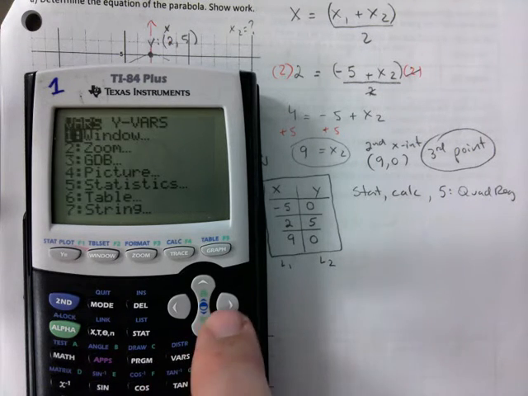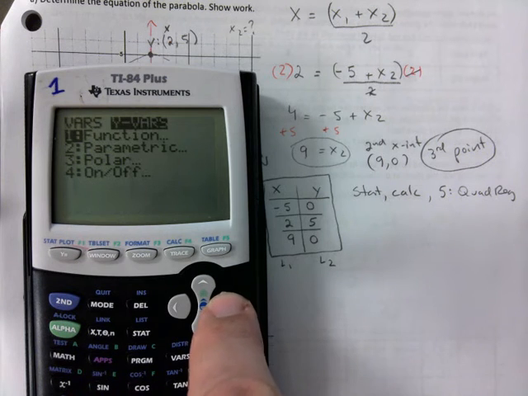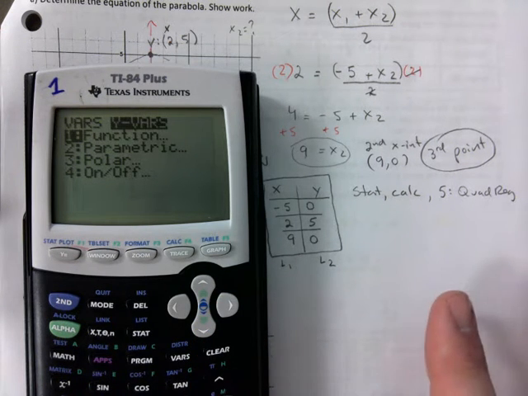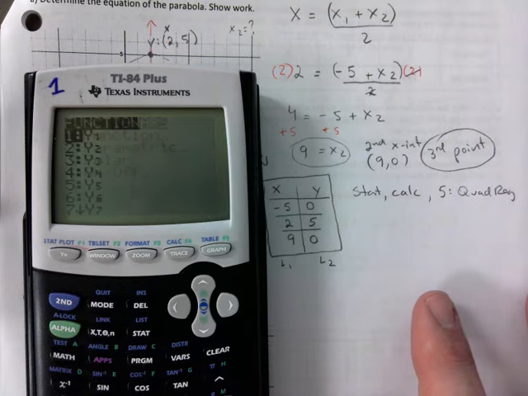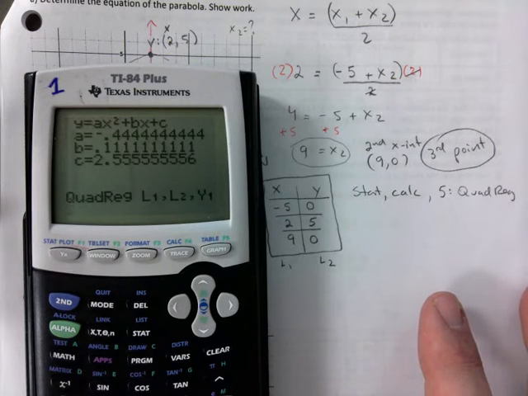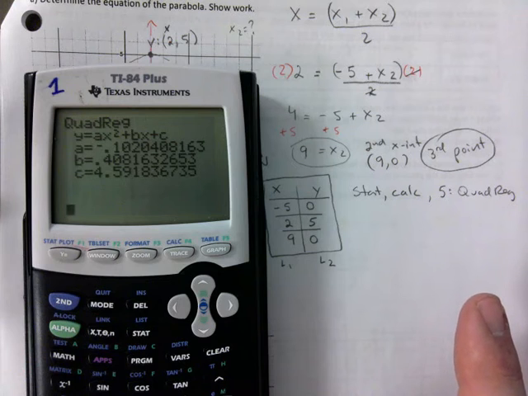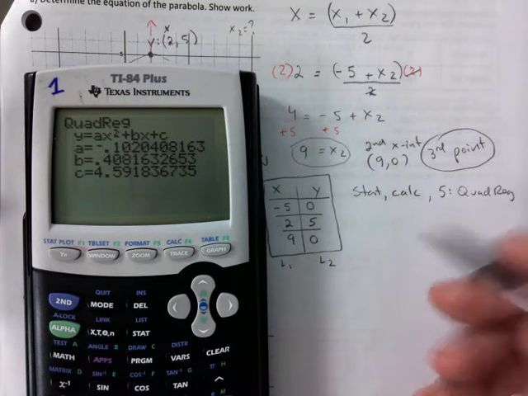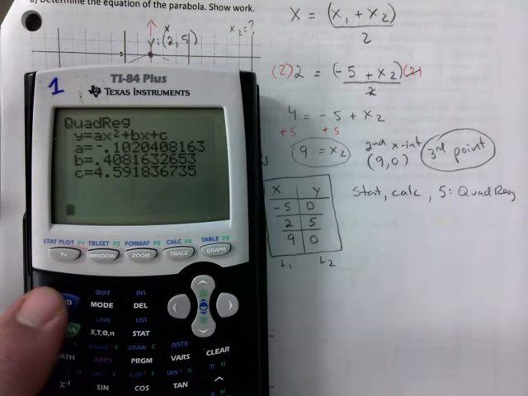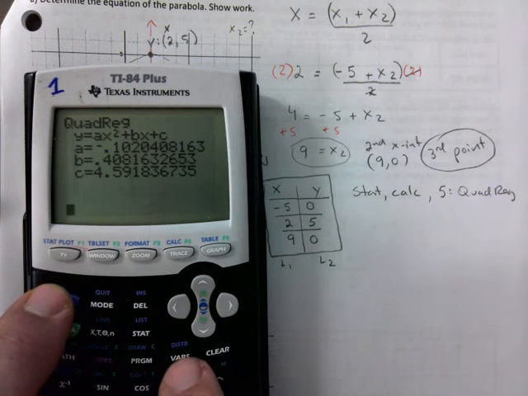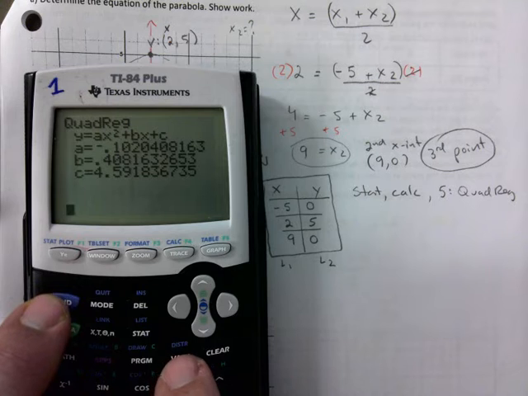Vars, Y-Vars, and then you can close your eyes and basically just hit enter three times. Enter, enter, and then enter to run it. And there's your quadratic equation. What's that? I'll do it again. Here. Did you find Vars?